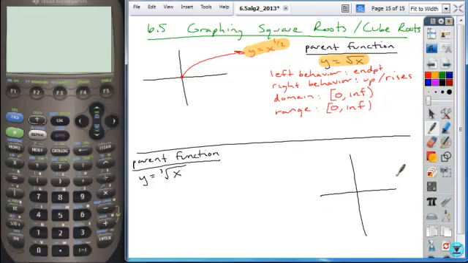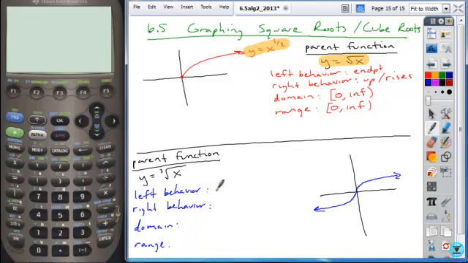I'm going to draw just, it has a little bit more of a turn in it, but so this is your generic x cubed graph. And so it also has some specific left and right behavior, as well as a specific domain and range.